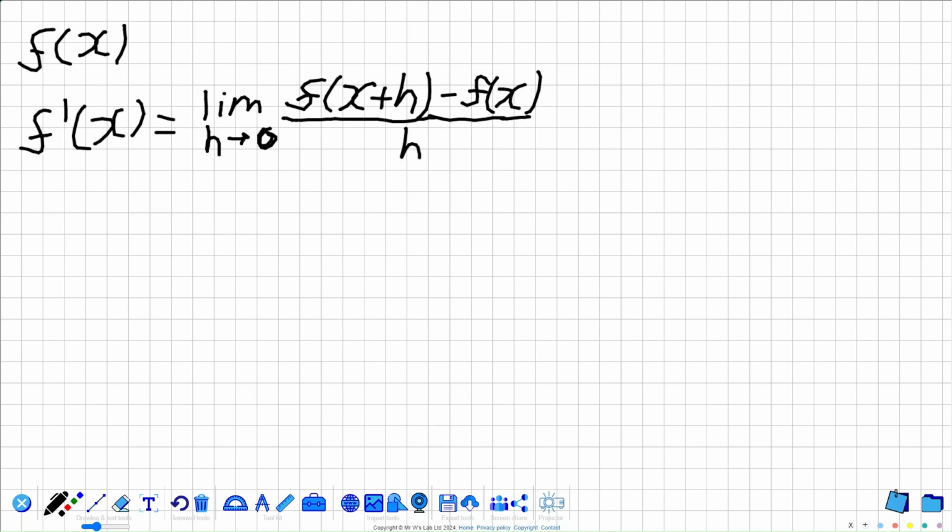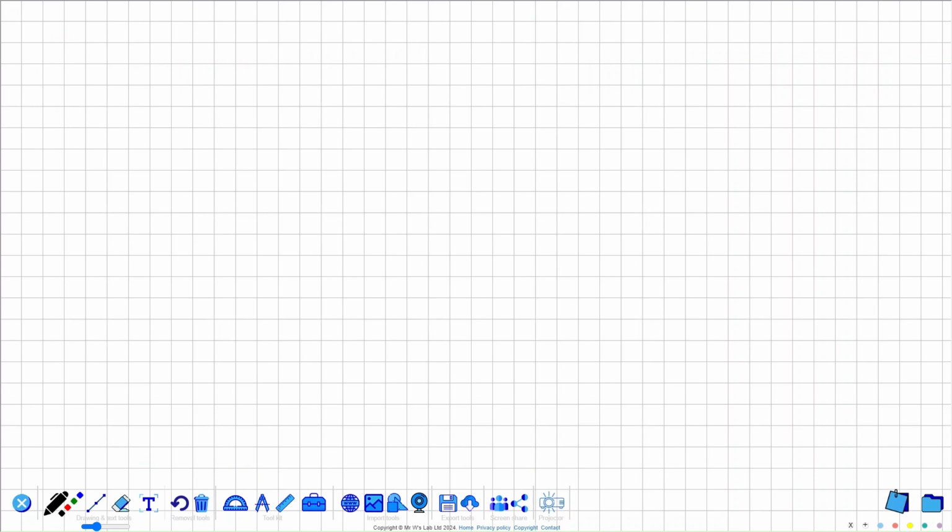Okay, so to get an idea of how we can actually use this method, let's look at a general scenario. So we've got f(x) equals 3x, and this is just so we can start off with a really simple scenario. What we're going to do, like we will need to do every time, is just write the formula out.